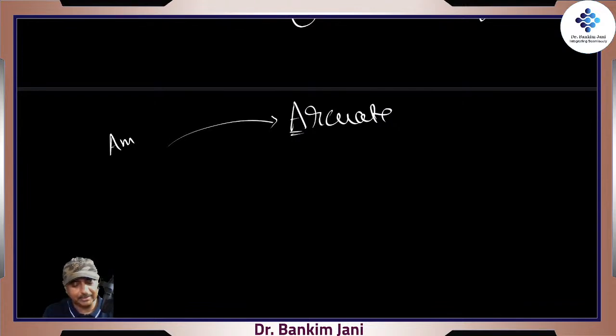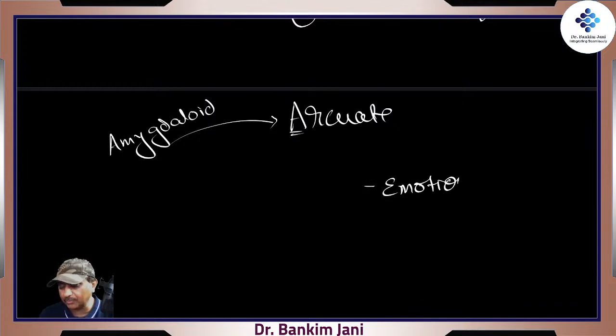Amygdaloid, right? That would be feeding. If it is feeding to arcuate, are we thinking about some behavior? Yes, we are talking about behavior because it would be associated with emotions. So you can write it would be associated with emotions.